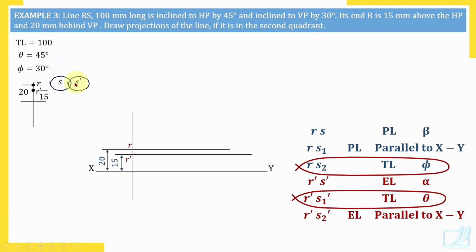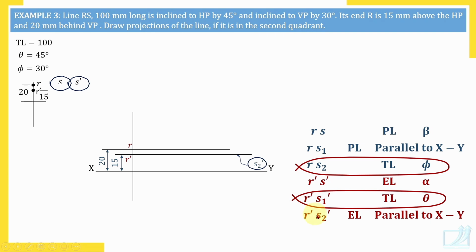Had it been given point S in third quadrant, we would have measured top view angle upwards and front view angle downwards. And had it been given S in first quadrant, then we would have measured the front view angle upwards and top view angle downwards. So it's that simple. So you should not get confused about which side of the reference line this angle is to be measured.